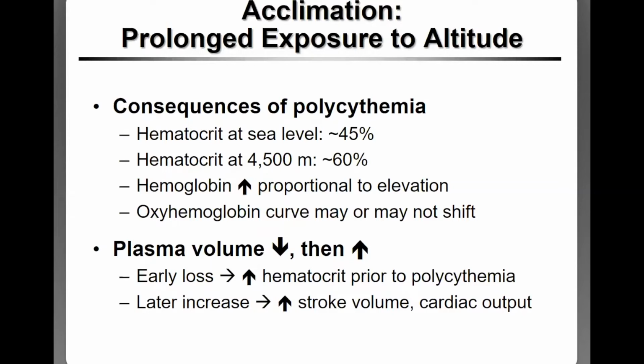Over time, plasma volume slowly increases, and this plasma volume increase supports an increased stroke volume and cardiac output. But remember that first initial drop in plasma volume is due to the release of ANP, atrial natriuretic peptide, and also the insensible water loss through our respiratory tract due to hyperventilation in a dry climate.